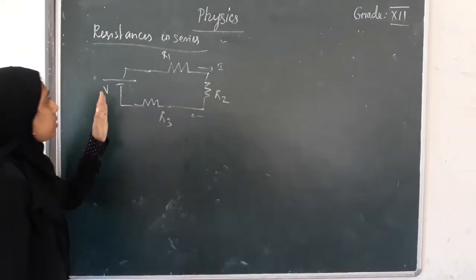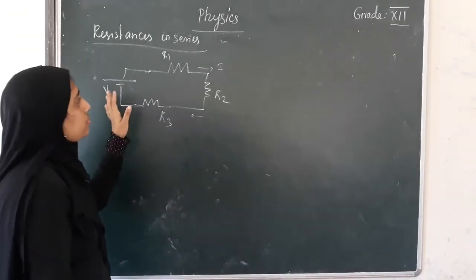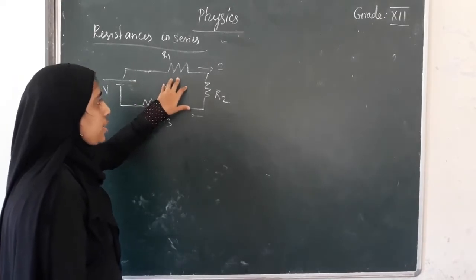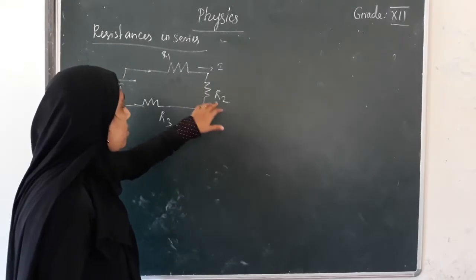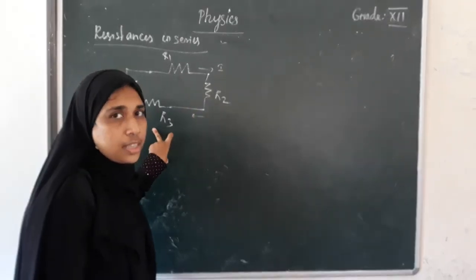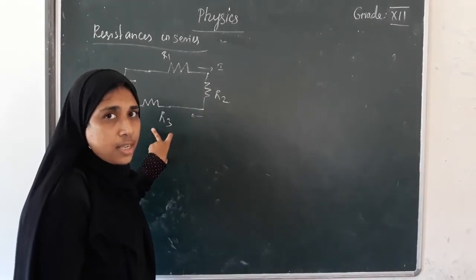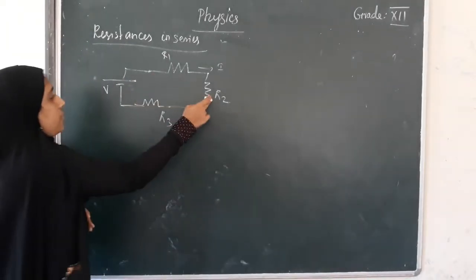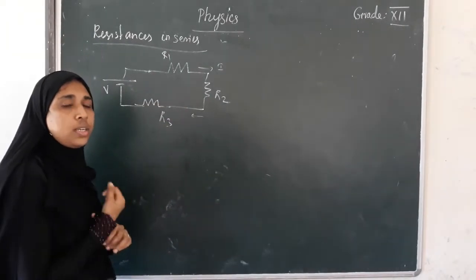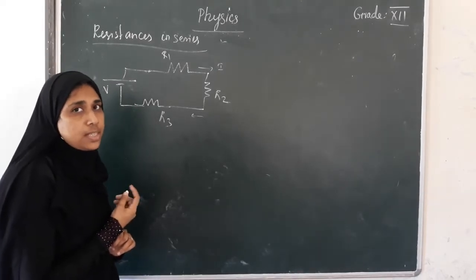Here, the charge on the series connection remains the same. Across this resistor, this resistor, and this resistor, the charge remains the same. But because of the different resistor values, the voltage developed is different.